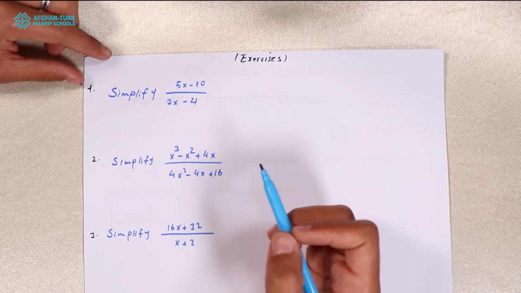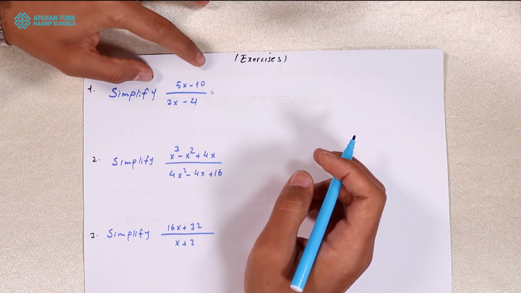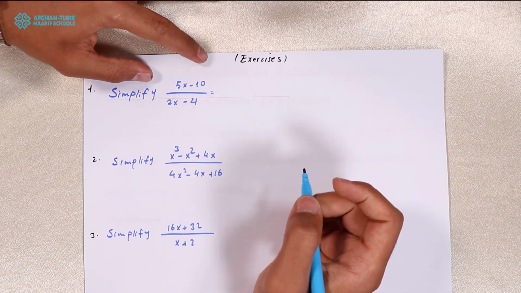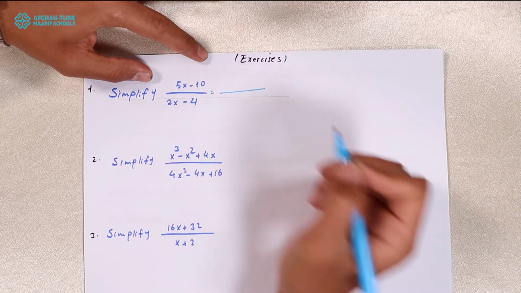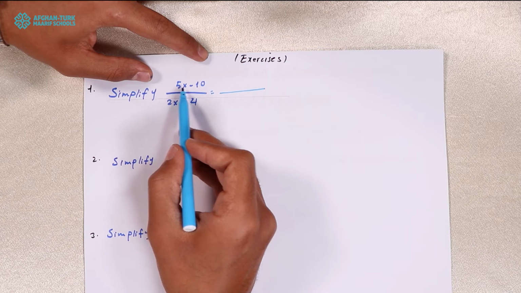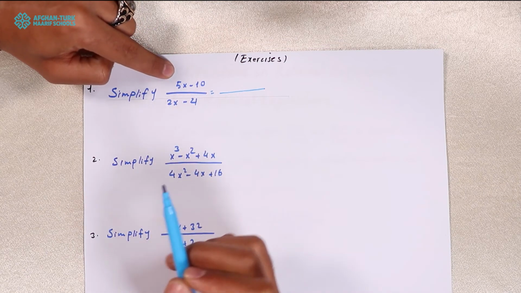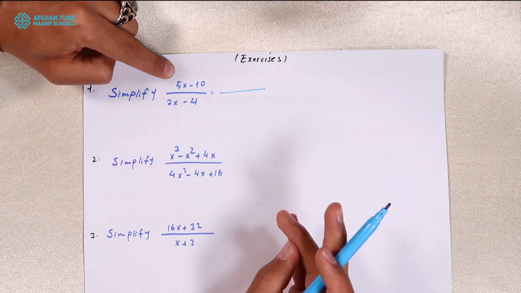Here, from the numerator, 5x minus 10, what should we take as a common factor? In the first term we have a real number and also a variable.